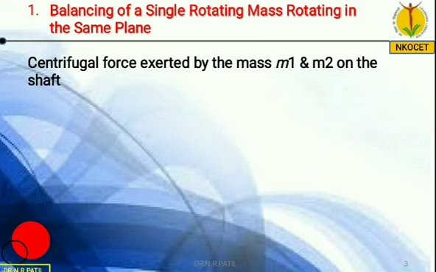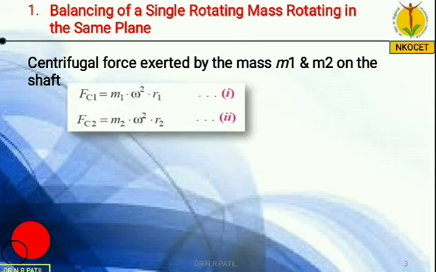Now you know the centrifugal force exerted by mass m1 and m2 on the shaft is given by these two equations. Fc1 is m1 omega square r1 and Fc2 is m2 omega square r2.